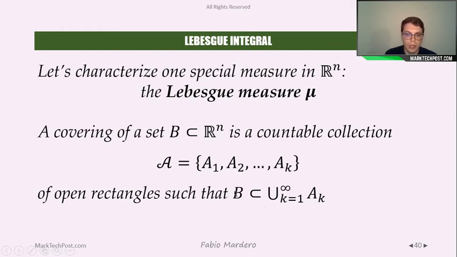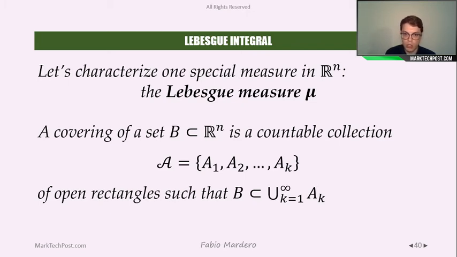So what we are doing here, A are rectangles, and B, let's look at it in 2 dimensions. Let's say B is a disk on the 2D space. Covering the B set means that we take small rectangles, for example squares, that are particular types of rectangles.